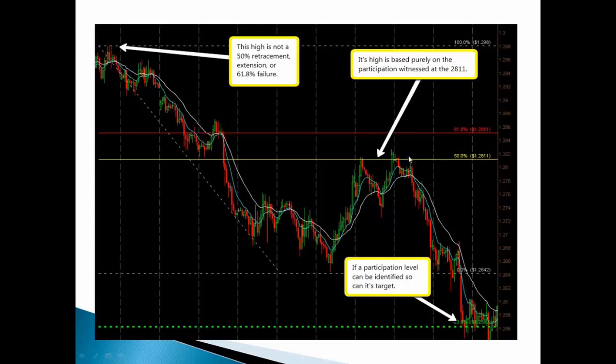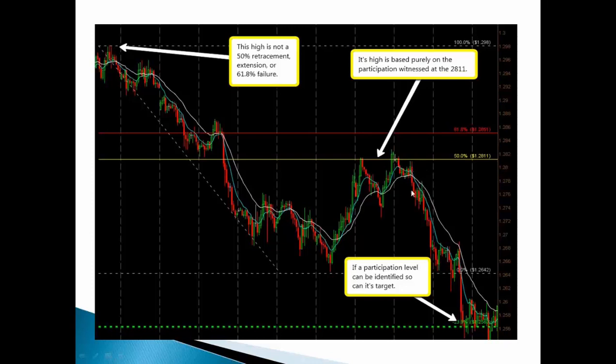As it's retested the third time, we can see participation. The high is based purely on participation witnessed by an observation at the 28.11s. The participation level can be identified. The target can also be identified down at the 25.60s.